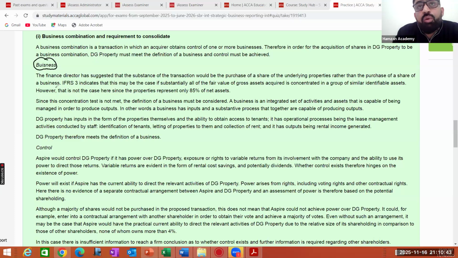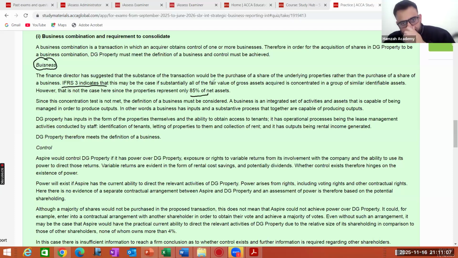Now, that is the point of view of the finance director. But IFRS 3 indicates that this may be the case if substantially all of the fair value of the gross assets acquired is concentrated in a group of similar identifiable assets. However, that is not the case since the property represents only 85% of the net assets.